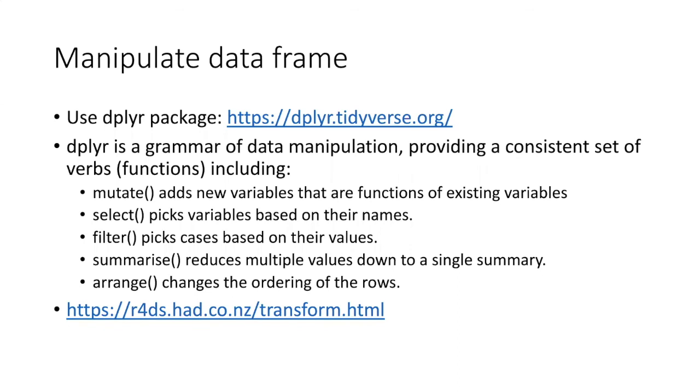You only want to select people whose height is over like 10 inches, something like that. Or summarize, to reduce multiple values down to a single summary. So this is a little bit complicated. Definitely you want to learn more about this or try this out to actually know what those functions do. And arrange, to change the order of the rows. So there are a lot of different functions for data manipulation.